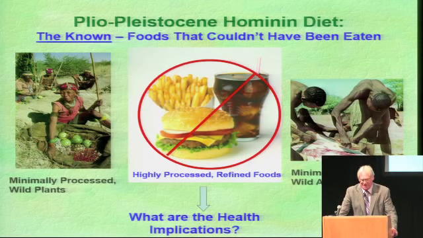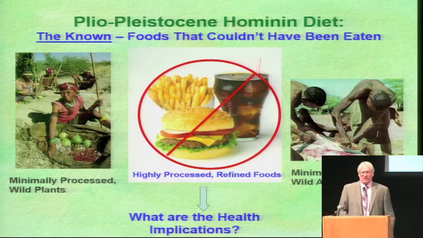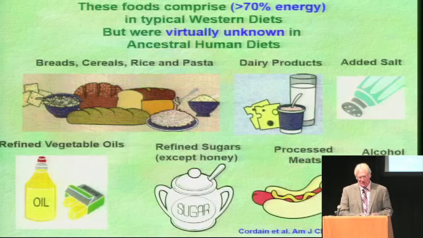If we look at the Paleo-Pleistocene period that we talked about, these are the foods that simply couldn't have been consumed because they didn't have the technology to make these highly processed foods that form 70% of the calories in our diet.